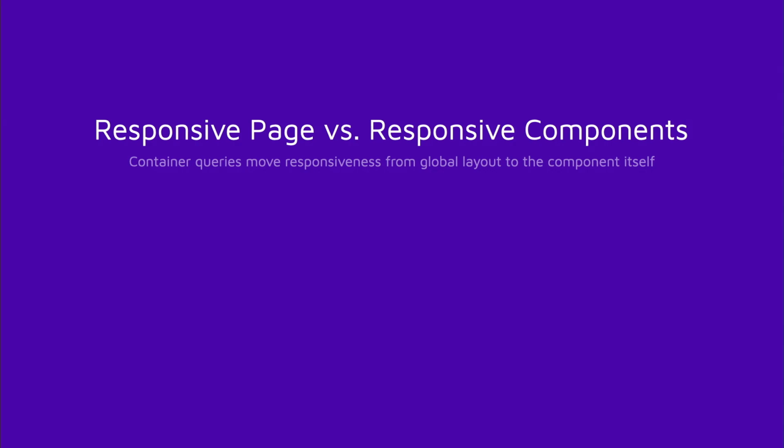So what does this do? If you have a responsive page, the page is responsible for all this stuff. But if you have responsive components, the component itself is aware of everything.